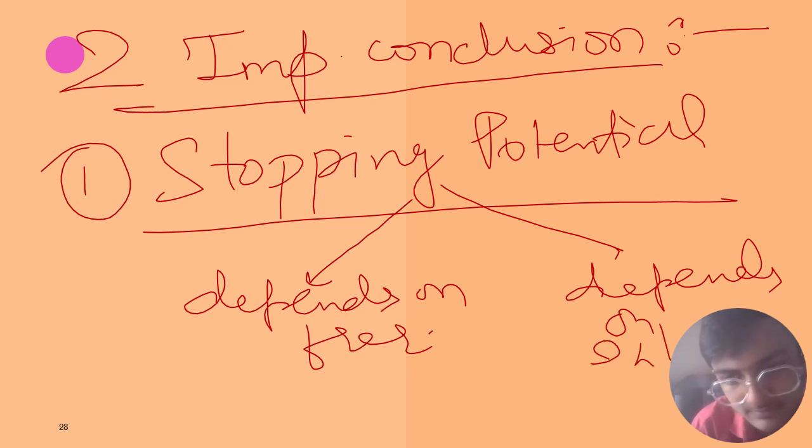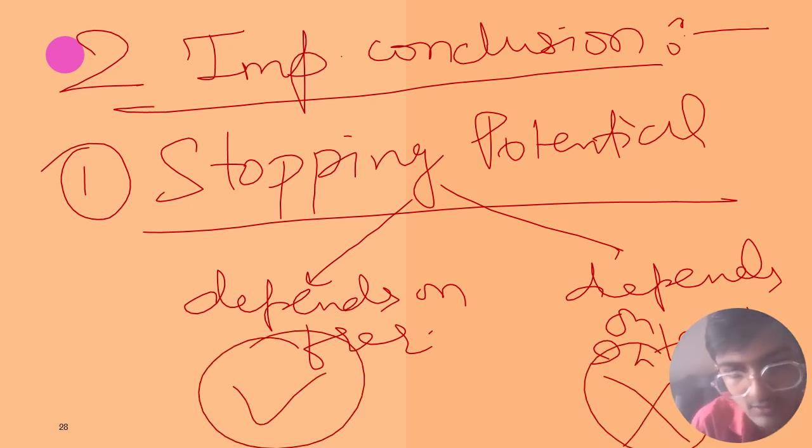Which one is correct? This is correct, this is wrong, and you must always remember this. Stopping potential is dependent on frequency, not on intensity. Don't get confused. It's a very important point in quantum physics, in the conclusion part of the photoelectric effect experiment.